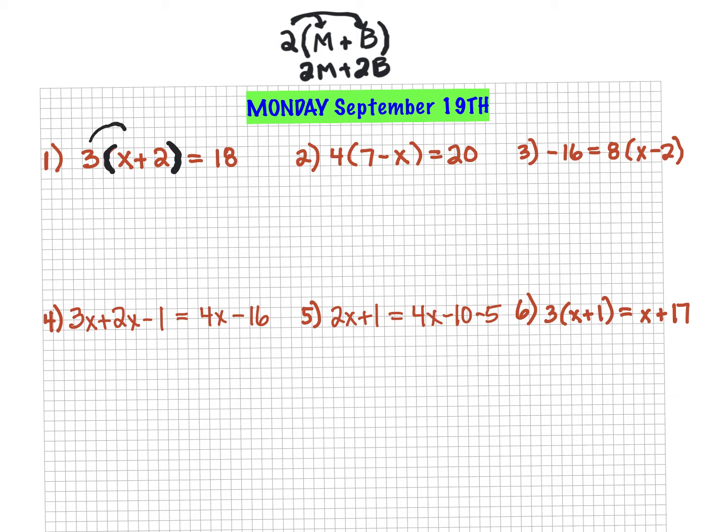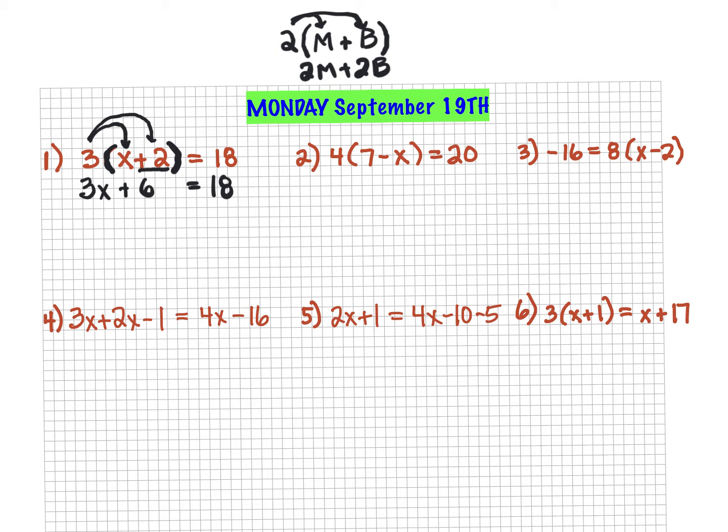3 times x is 3x. 3 times positive 2, because that's the term, positive 2, is positive 6. Okay, now I can make my teams. I can see which one's being the bad student, the bad PE student.